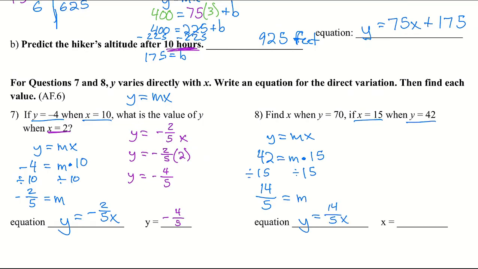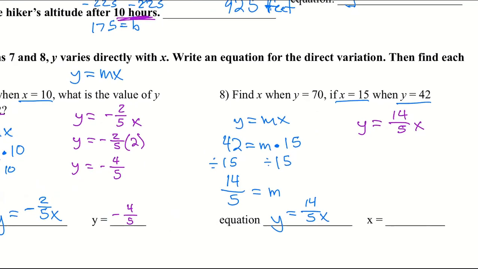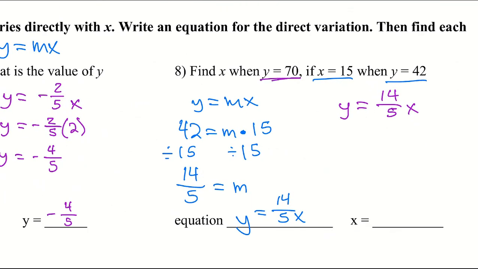Just like I did on the previous one, start with that equation, and then substitute in. It's saying when y is 70. So 70 is going to be on the left side, 14/5 on the right side.